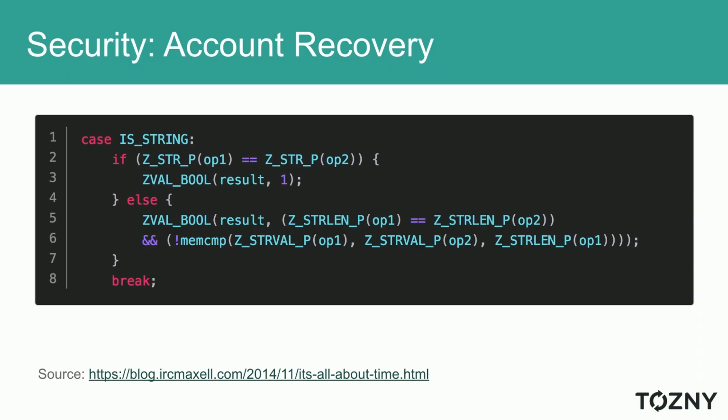The first thing it checks is to see if the first string and the second string are actually pointers to the same value in memory. If they are, it returns yes, these are identical because they are the exact same area in memory. Chances are good you're not passing the exact same variable in on both sides of the equal sign, so they're not going to be a reference to the same memory spot. So we end up in the second part of the conditional.